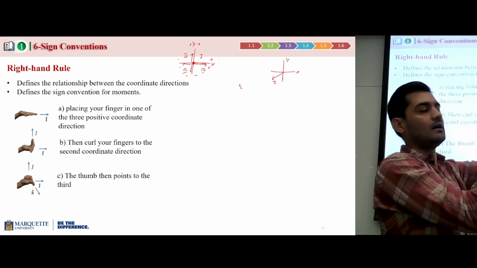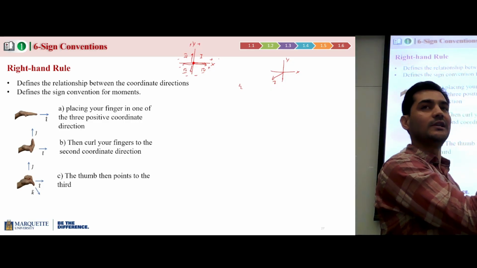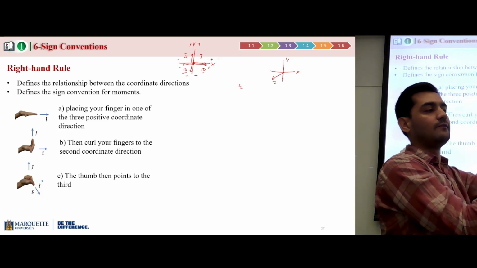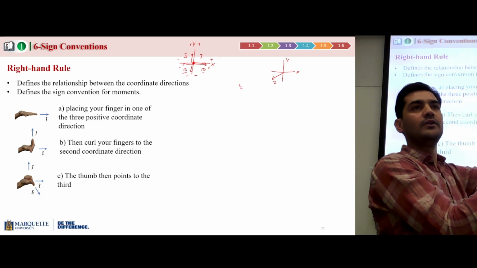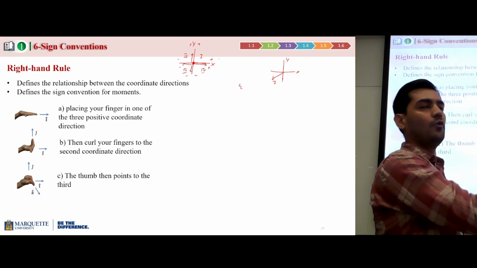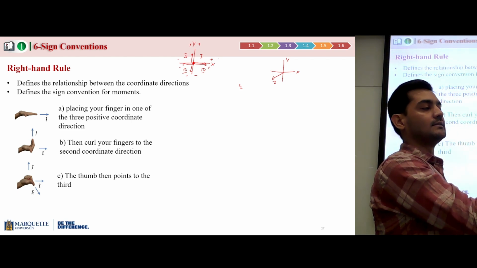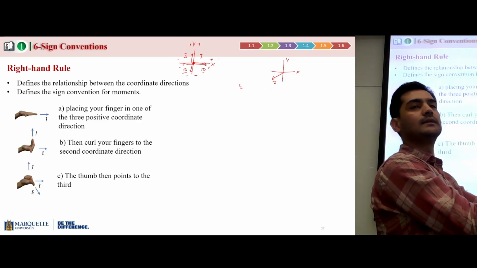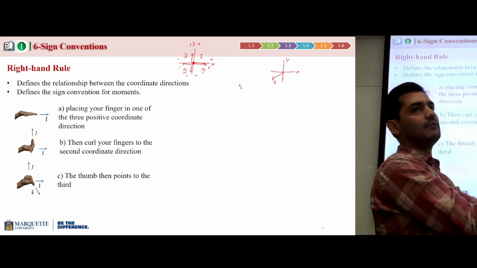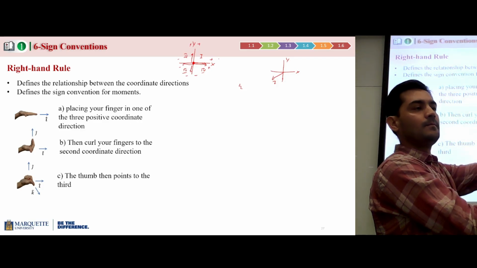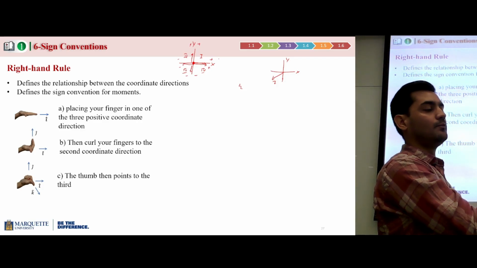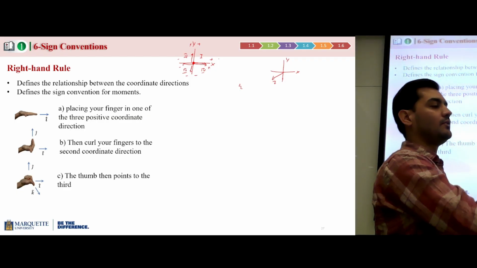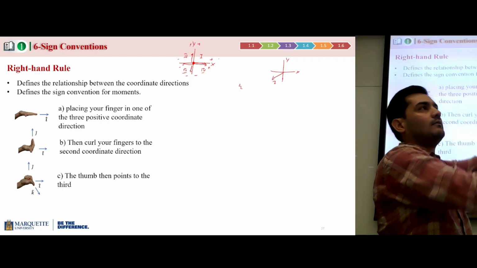The fingers are going to point towards the positive x-axis always. Whenever you see a positive x-axis, you point your fingers toward it, and then you curl the remaining fingers, and that points towards the positive y-axis. And then the thumb points towards the positive z-axis. In 2D it's easy, but in 3D you have a space.